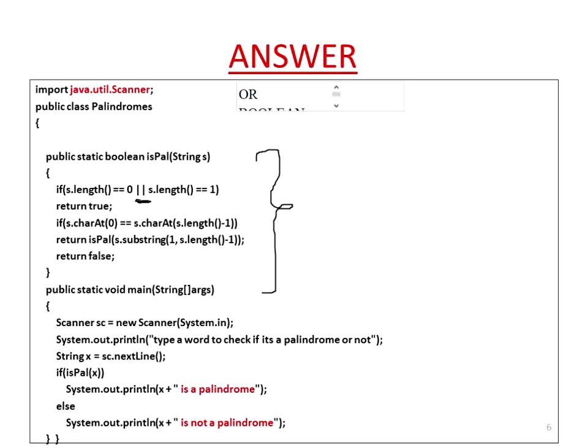The first one is AND, the second one is OR, and the third one is NOT.